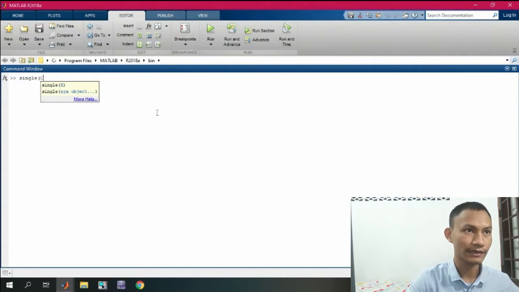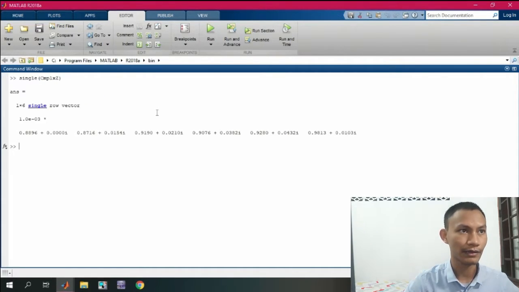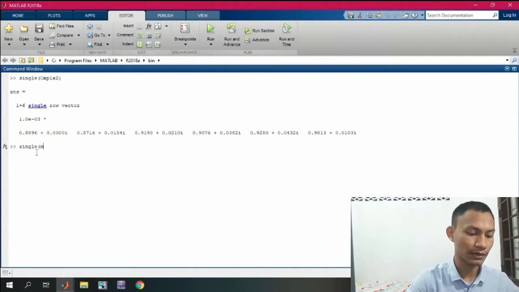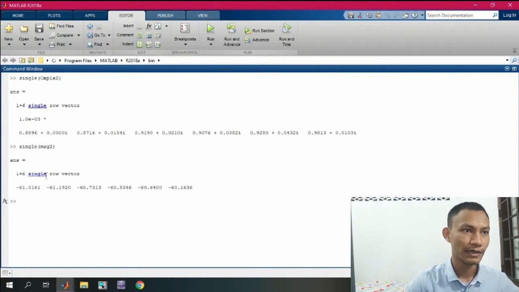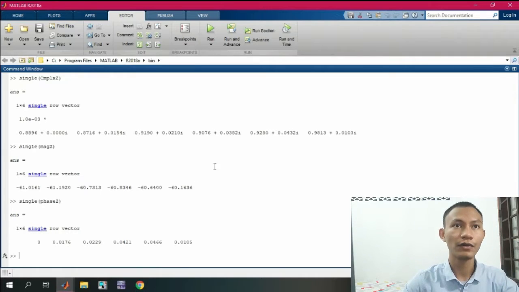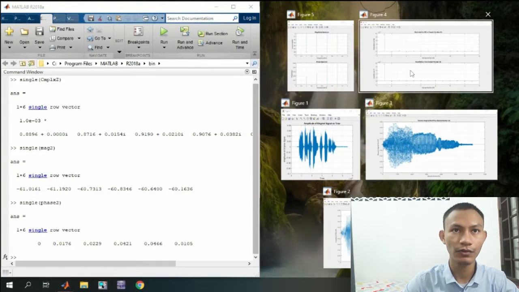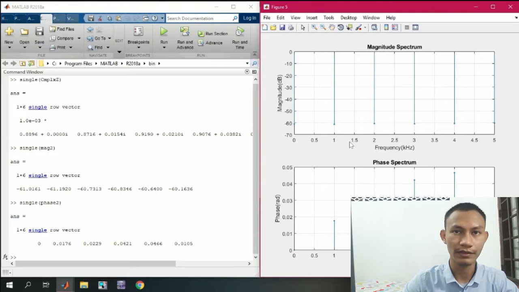I want to complex, single complex, enter. So we can get 0.8896. So this is single for magnitude, single magnitude, and this is single for phase. So we can compare the value to the result.